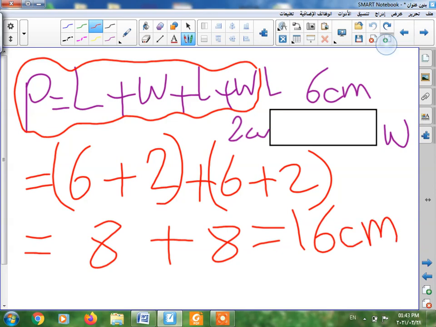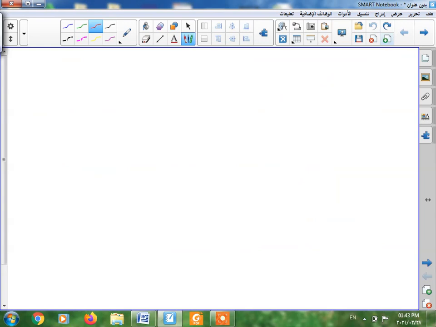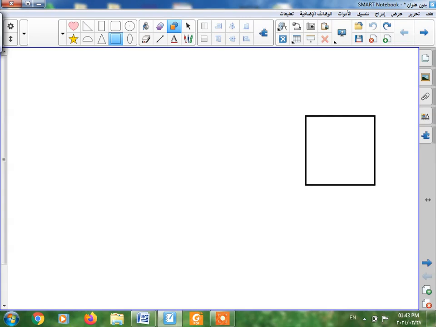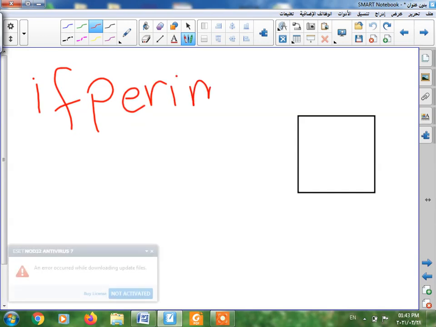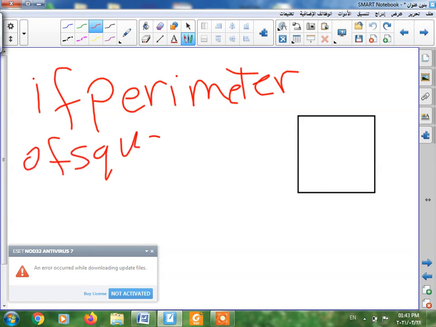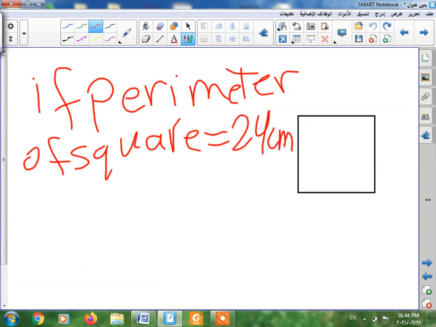Okay, can we find the missing side from a square? If I say this is a square and the perimeter of a square equals 24 centimeter, find the side.